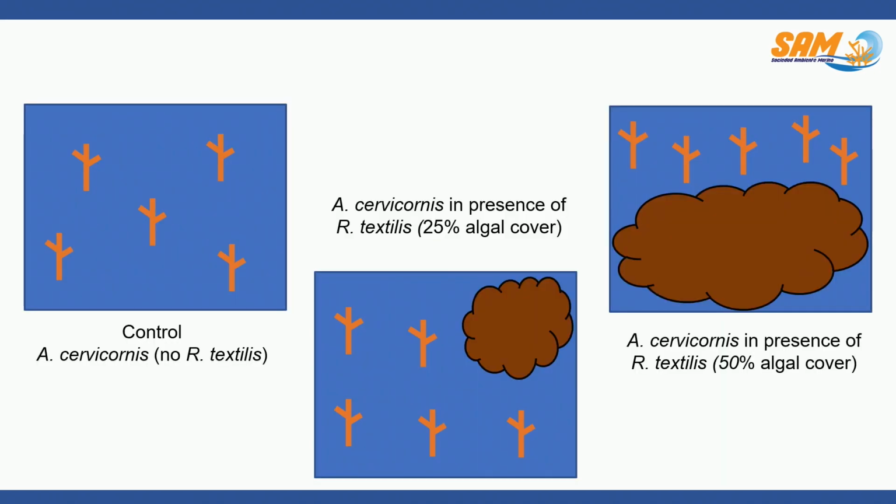As you can see here by my graphic design degree, we did various types of treatment where we just put 5 corals in no presence of Ramicrusta textilis. We made it and put it in presence of 25% cover of Ramicrusta textilis and in 50% area cover of Ramicrusta textilis.